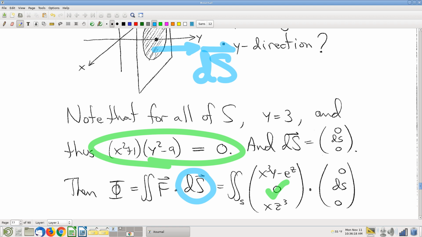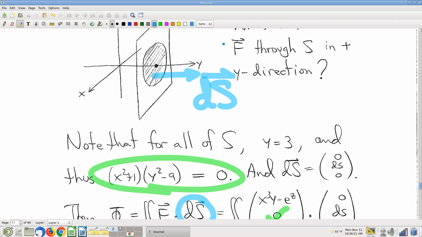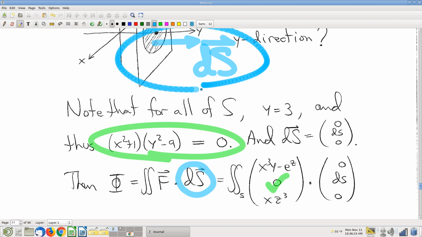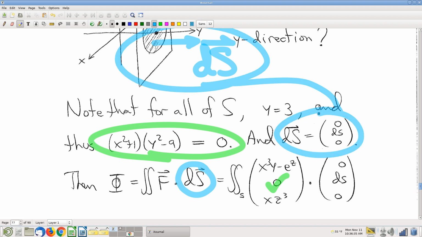It's perpendicular to this surface. The surface is in this plane. That normal vector is clearly pointing straight in the y direction. And vectors that point straight in the y direction are really easy to understand. The x and z coordinates are both 0, and the magnitude is the y coordinate. So there's my dS vector.